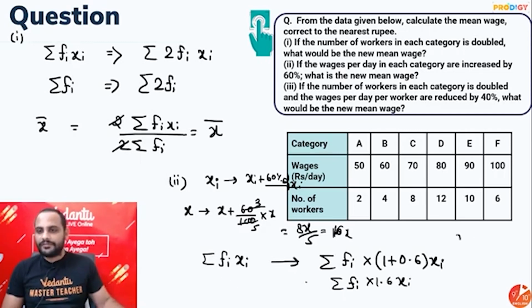Now the mean, if I have to find out, mean will be equal to summation of fi into 1.6 times of xi divided by summation of fi.